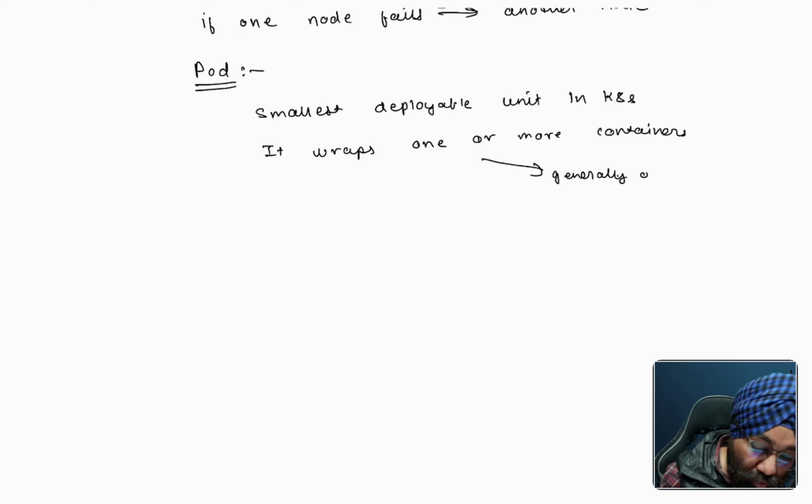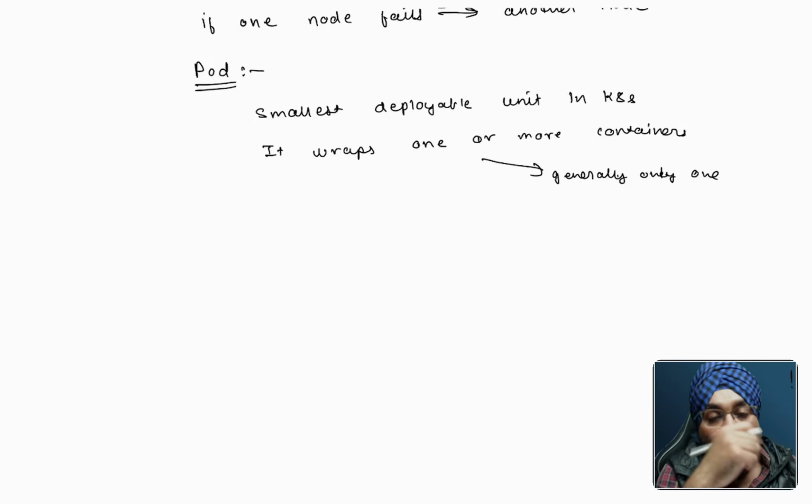We can wrap more than one, but generally it is a practice of wrapping only one container in a pod. So a pod contains the container runtime along with the container so that the container can run.